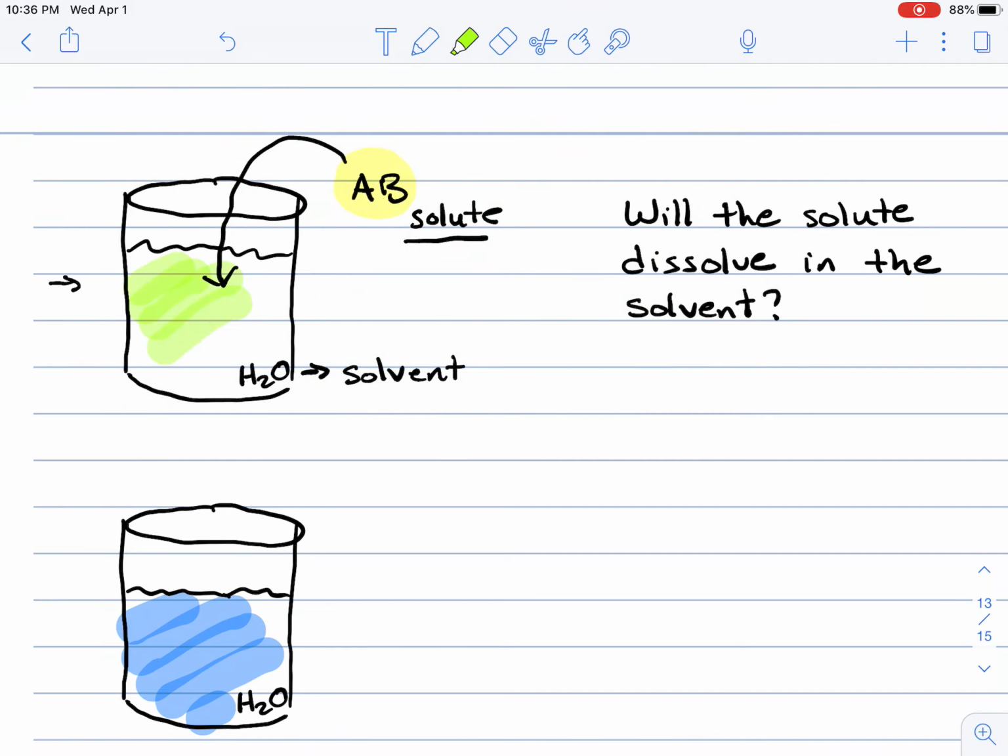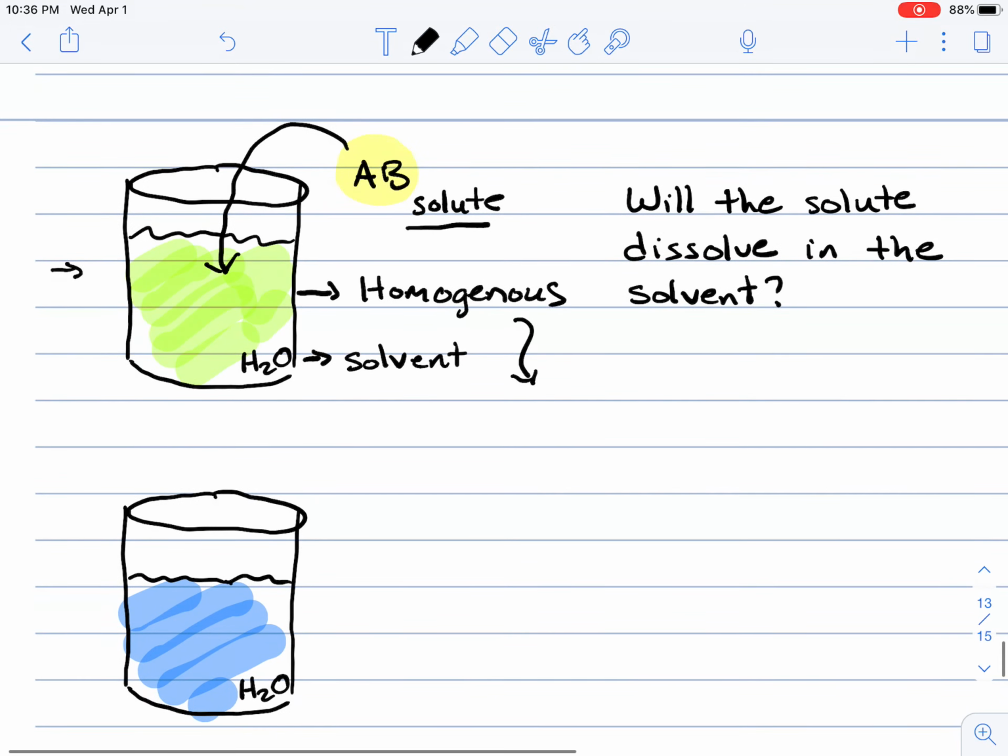And so yellow and blue makes green. And so we have a homogeneous solution such that we don't really see a separation of layers between solute and solvent, everything is evenly mixed, if you will. Another term for that is miscible.